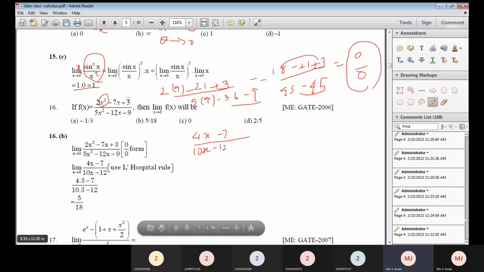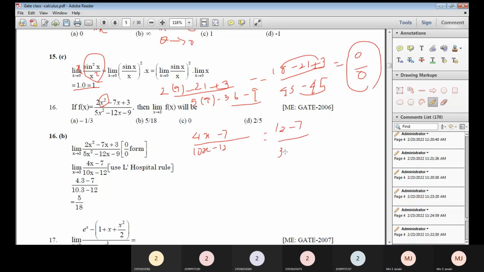Now apply the limit x tends to 3 here. 3 4s are 12 minus 7. And here x tends to 3, 10 into 3, 30, minus 12.